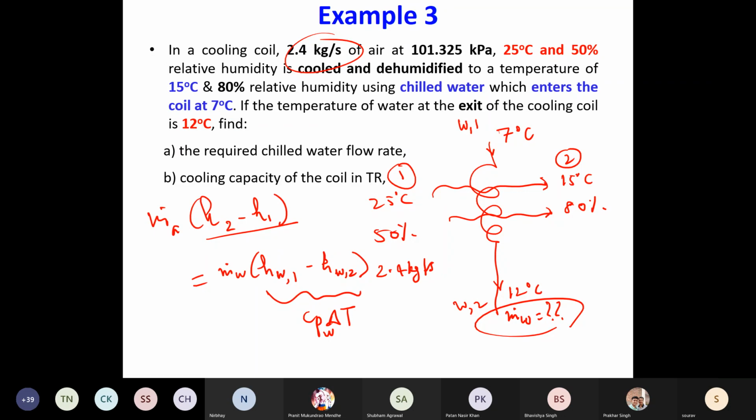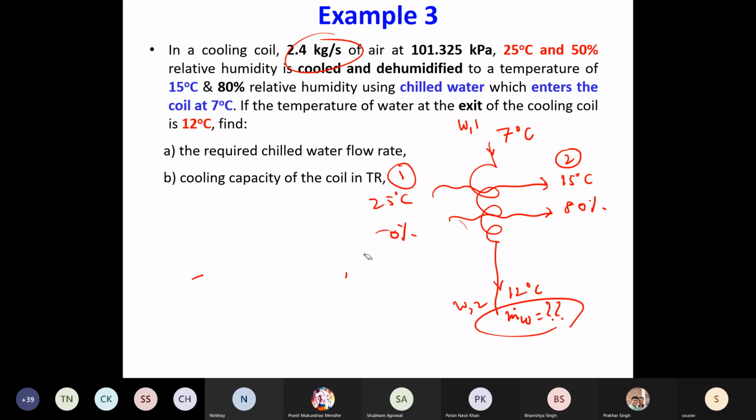Calculate the cooling capacity of the coil in tonnage. So we use the conversion factor of 3.516 kilowatt being equal to 1 ton of cooling capacity. Then we have to obtain the sensible heat factor.